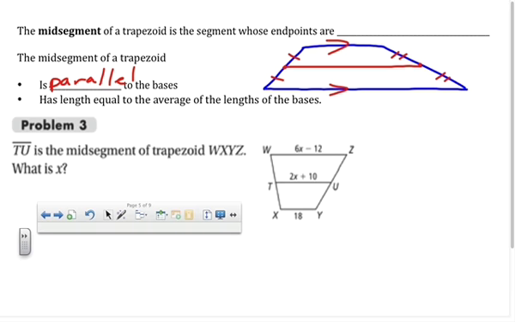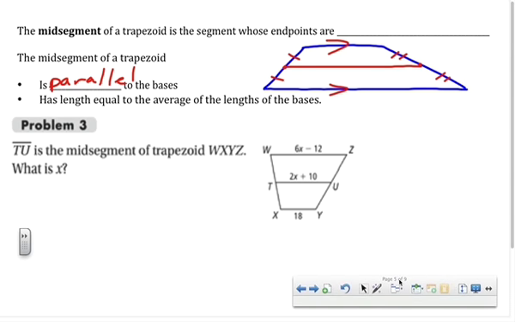So in problem 3, if this was just numbers, you guys wouldn't have a darn problem with it. If these were just numbers, and I was asking you to find the length of the mid-segment, you would have no problem adding those two sides together, dividing it by 2, and finding the length of it. But because there's algebra involved, there's a little bit of hesitation. And let me refresh your memory on how we dealt with those algebraic expressions when it was triangle.